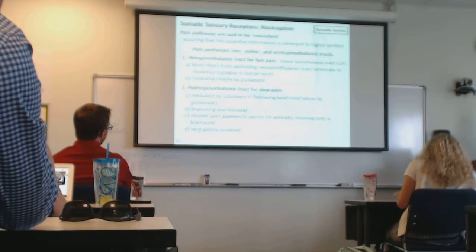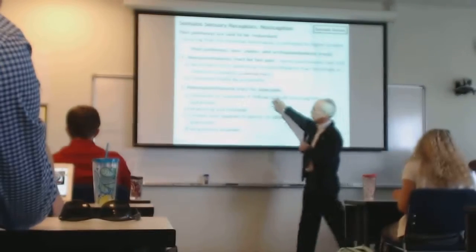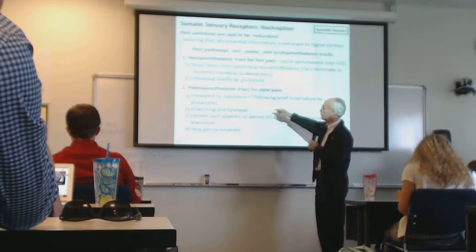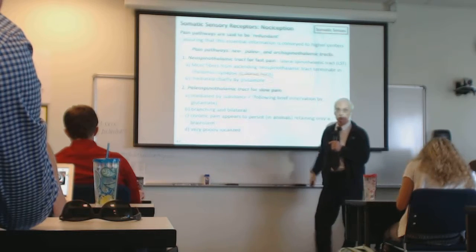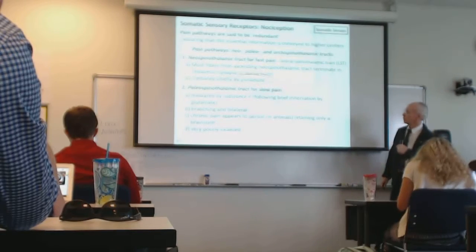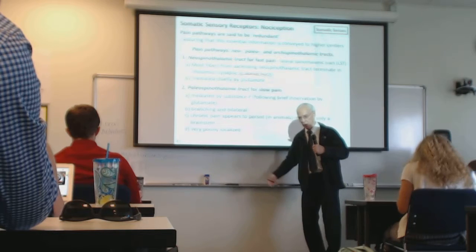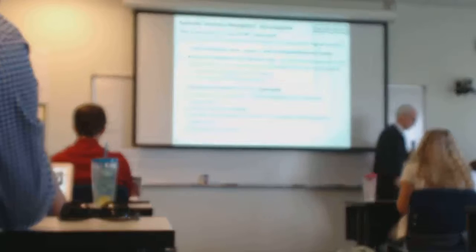The fast pain pathway is predominantly glutamatergic, whereas the paleo pathway, the slow pain pathway, the older pathway, involves both glutamate and substance P. Substance P is a proteinaceous neurotransmitter. And as we pointed out, the slow pain is more diffuse, it's duller and much less well localized.